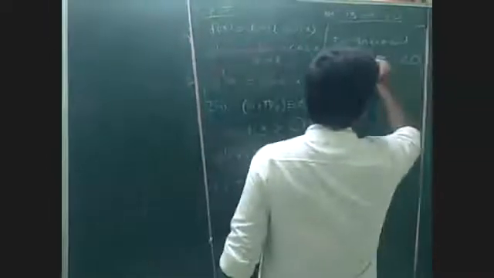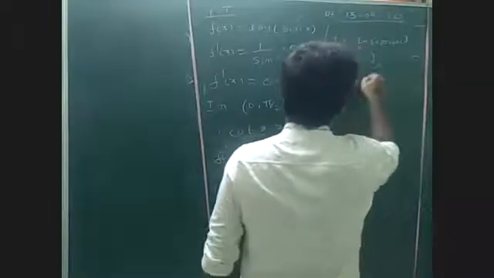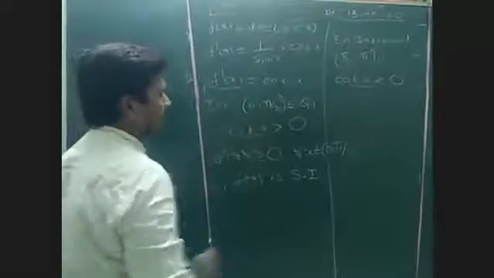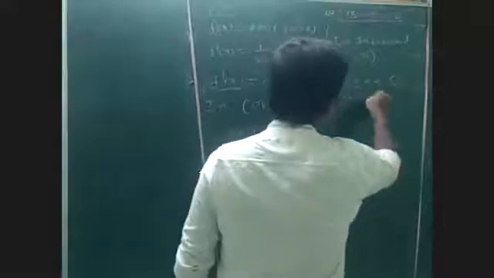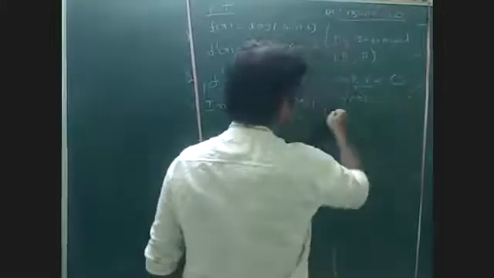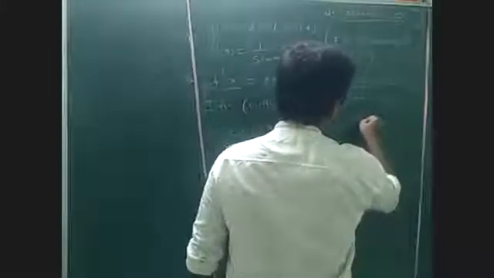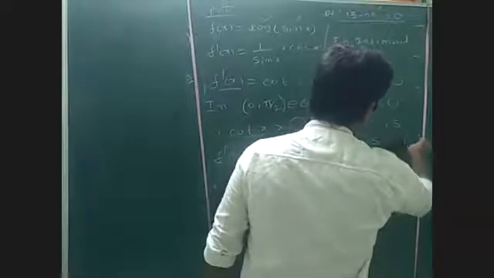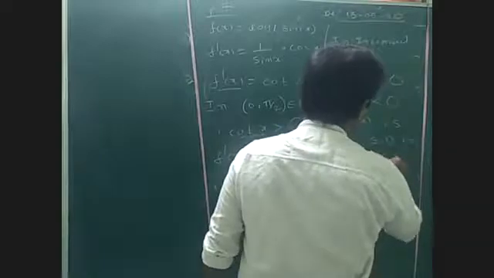Whenever cot x is less than 0 in this interval, and cot x is f dash of x, f dash of x is less than 0. Therefore, whenever it is less than 0, f of x is strictly decreasing in pi by 2 to pi.